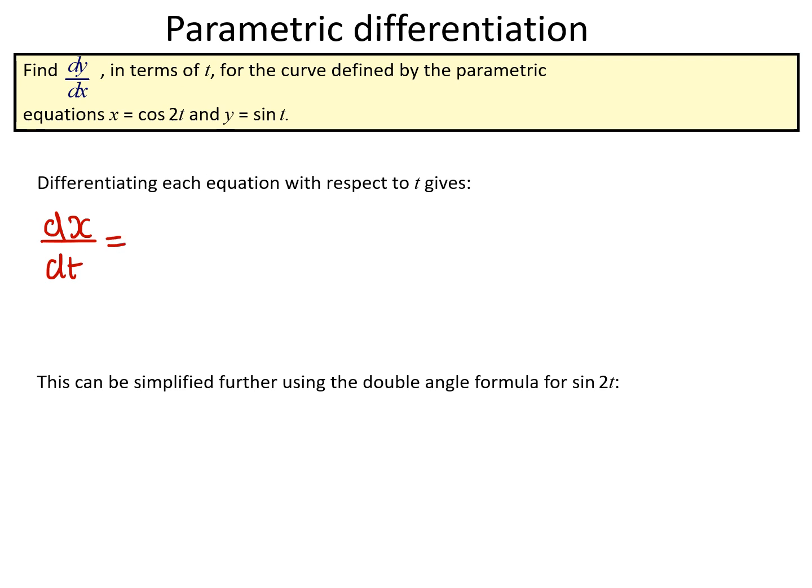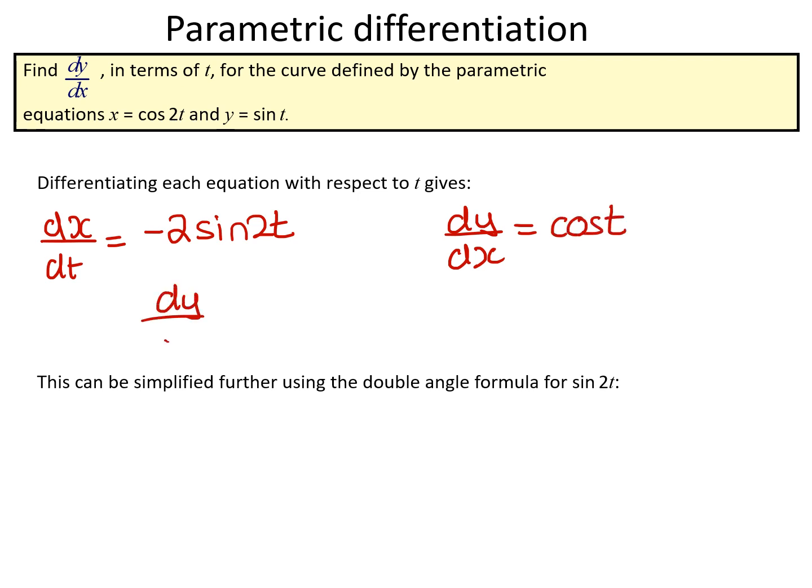Remember that goes to a minus, that's minus 2 sine 2t. And dy/dt, differentiate sine, just get cos t. So dy/dx, oh, that should have been a t, my fault. Dy/dx will be the dy/dt times 1 over that thing.